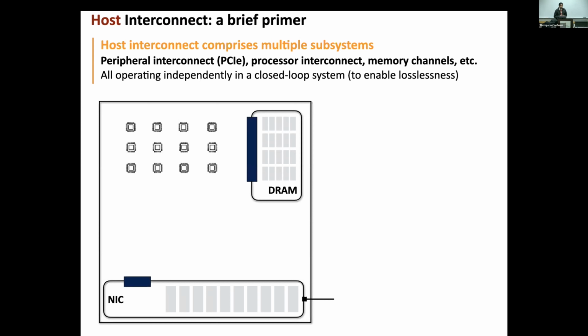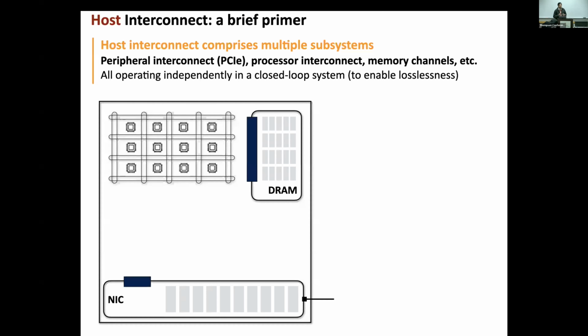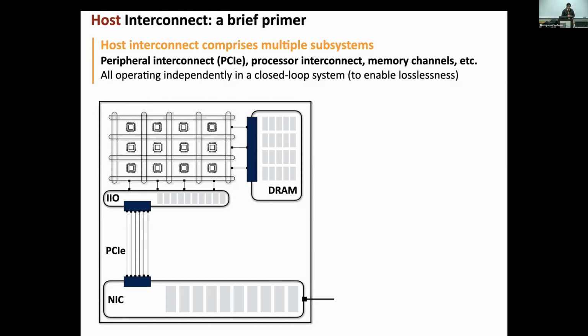CPU cores talk to each other using a processor interconnect, and they talk to the DRAM using channels called memory channels. The NIC talks to the CPU or the memory using a PCI interconnect. There's also a module called the IIO, the Integrated IO Controller, whose main job is to intercept these PCI requests and convert them into memory read or write requests.